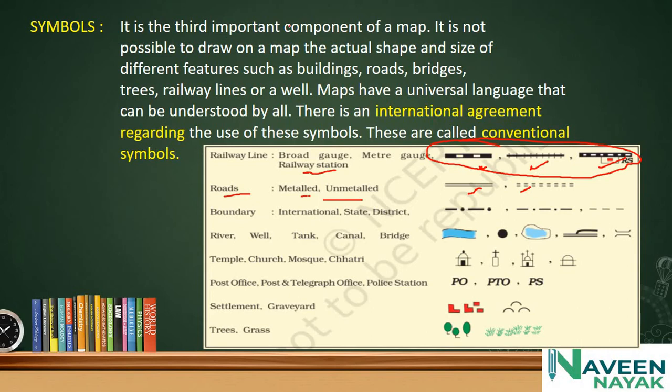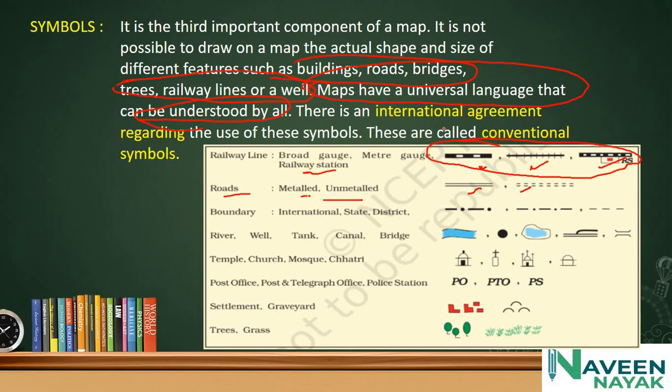Symbols are the third component of a map. It is not possible to draw on a map the actual size and shape of different features such as buildings, roads, bridges, trees, lines, or a well. So we represent big objects in the form of small symbols on the map, which can be understood by all. There is an international agreement regarding the use of these symbols.